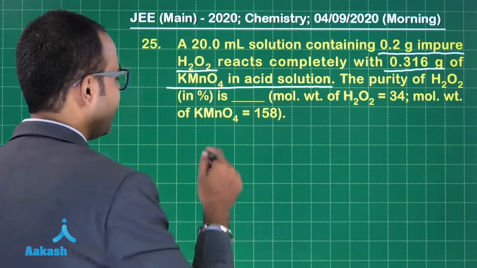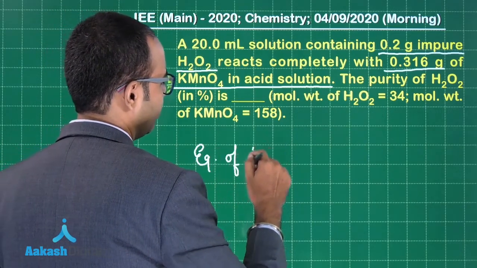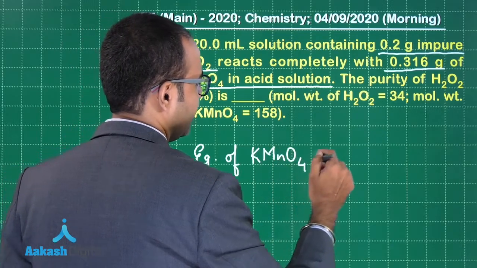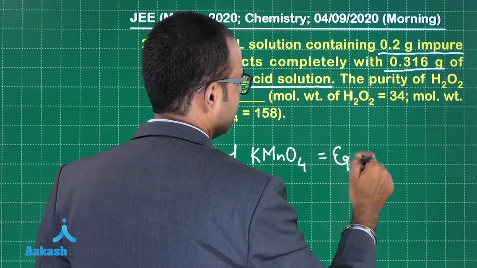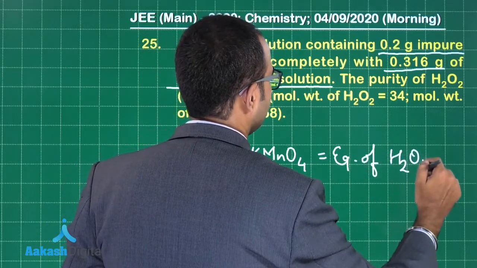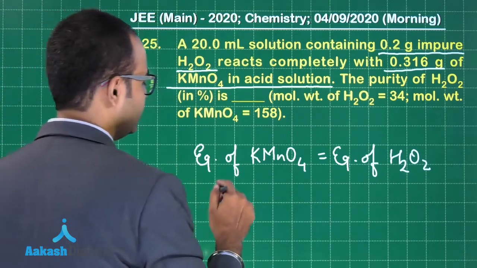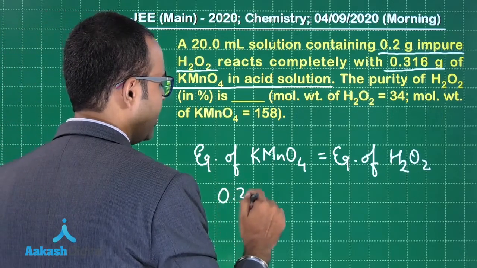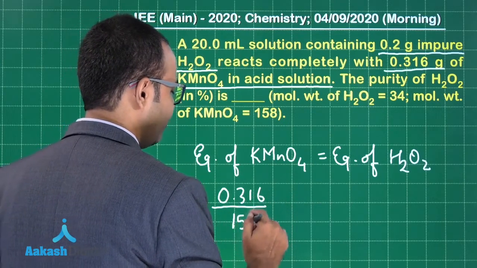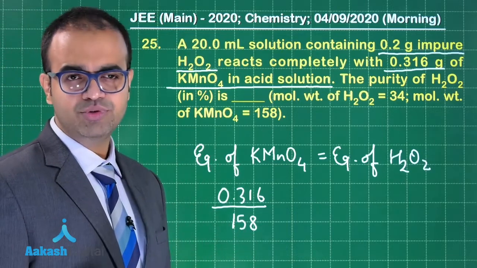Okay. So equivalence of KMnO4 is equal to equivalence of H2O2. So how will we find the equivalence of KMnO4? This will be 0.316 divided by 158. What would be the n factor of KMnO4 in acidic solution?